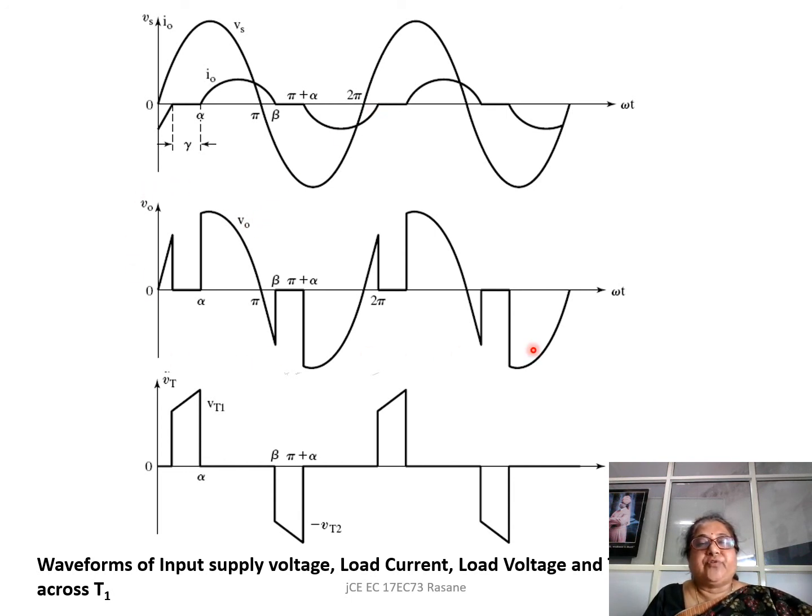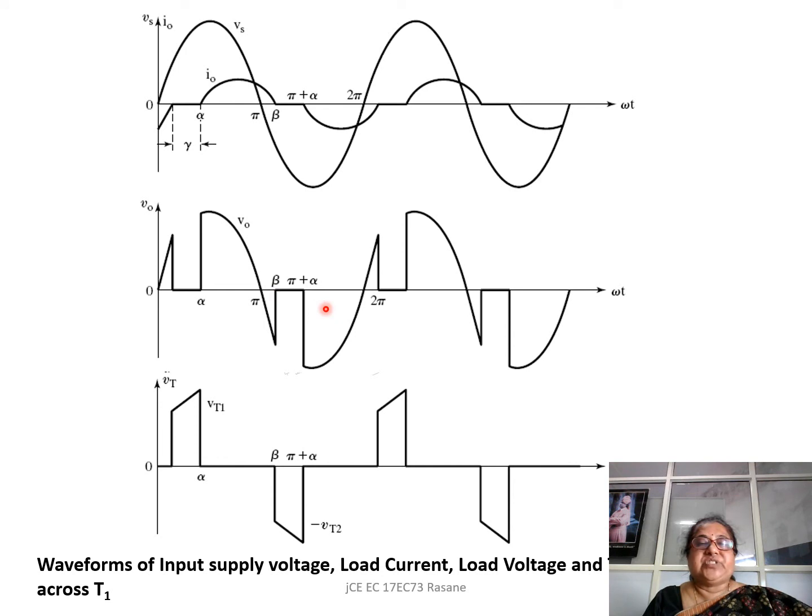In this waveform, this is the output voltage. When T1 is conducting between alpha to beta, T1 acts like a switch between the input and the load, and hence the load gets the input voltage during the switch on state, and it follows the input waveform.